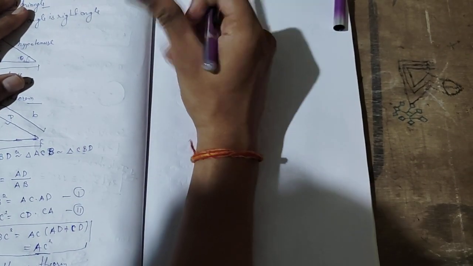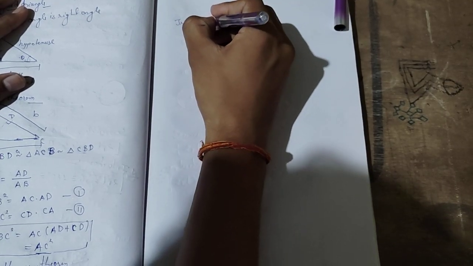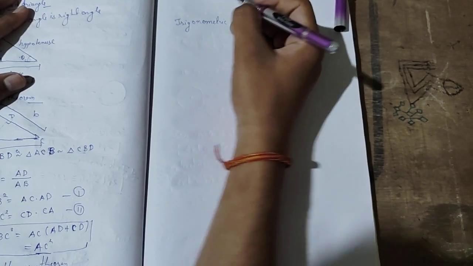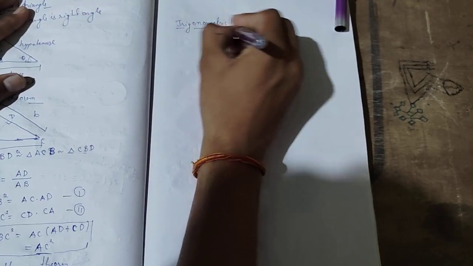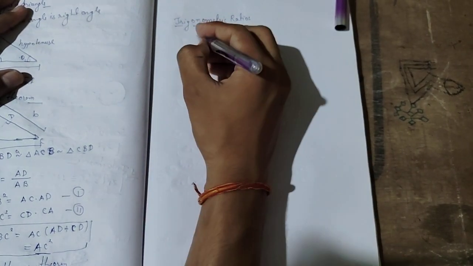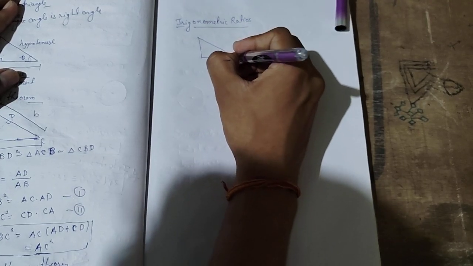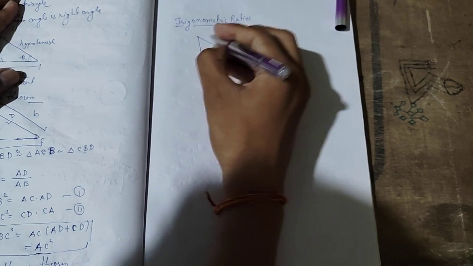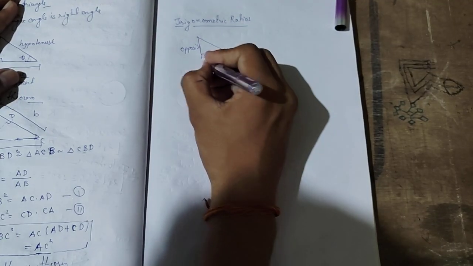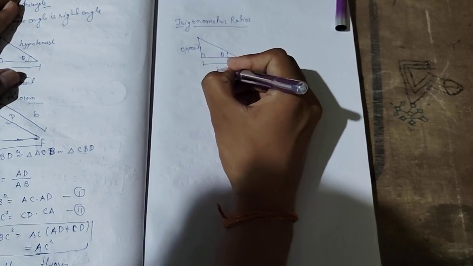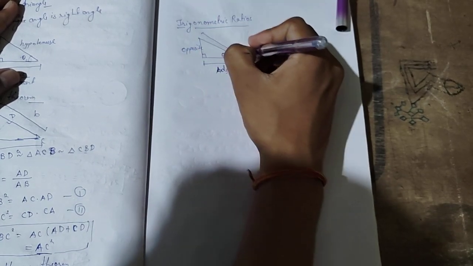Now look at the trigonometric ratios. See, that's the triangle. That is a right angle triangle, and that is the opposite. That's the base or adjacent side, and that's its hypotenuse.